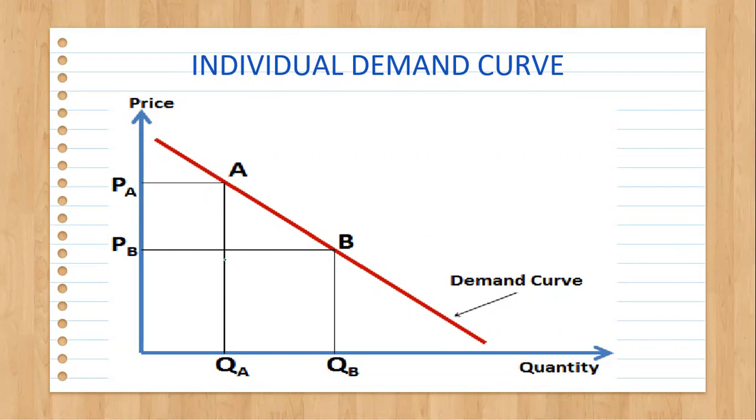When you plot the above table, you'll get a downward sloping demand curve, which means there is an inverse relationship between price and quantity demanded: when your price increases, your quantity demanded decreases.